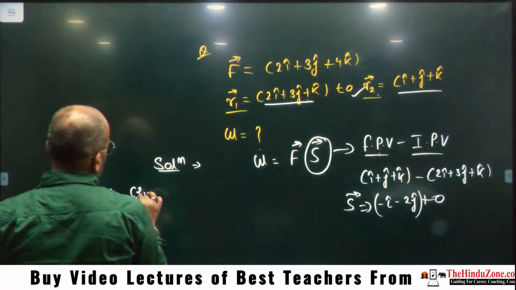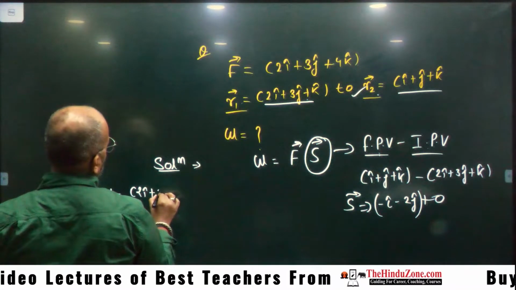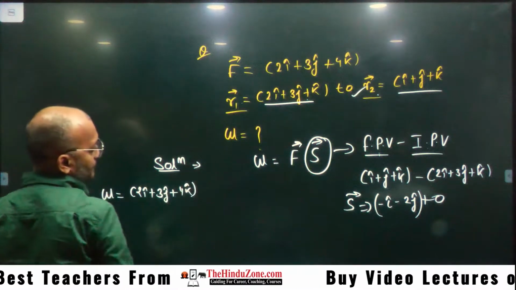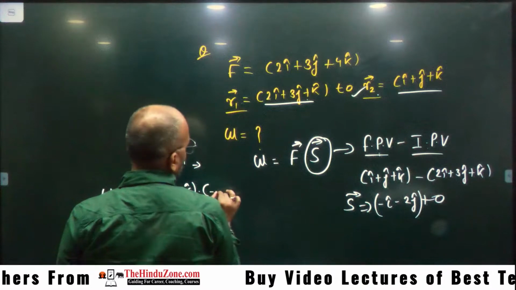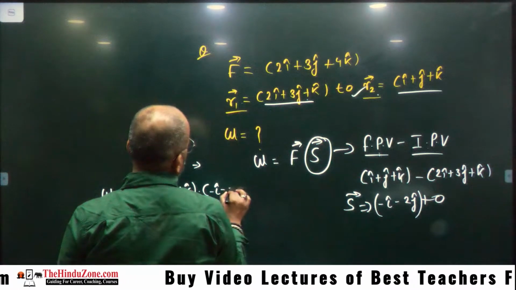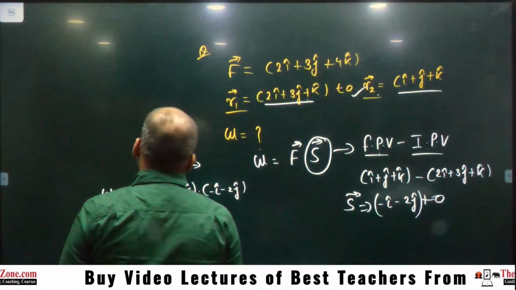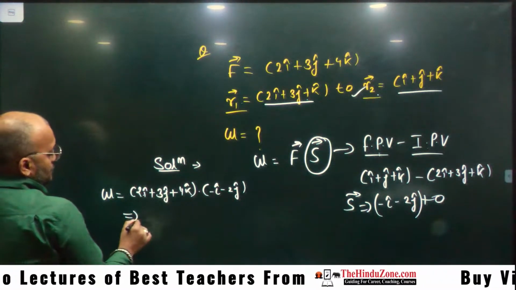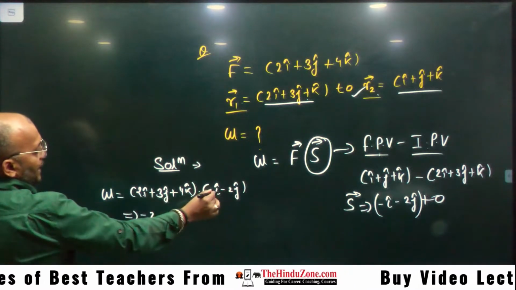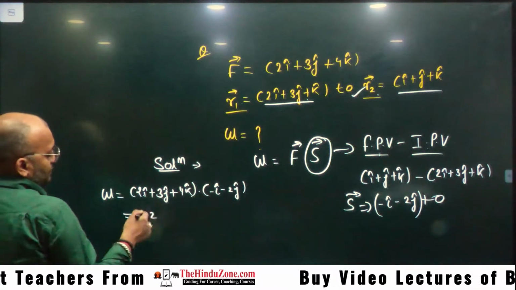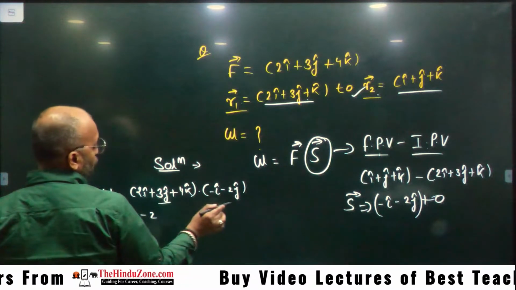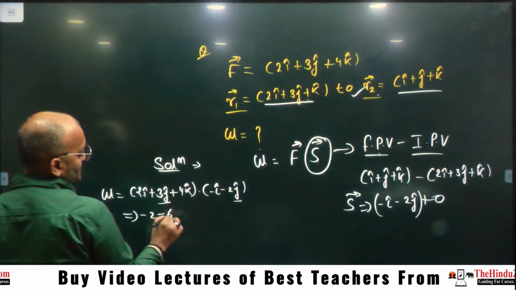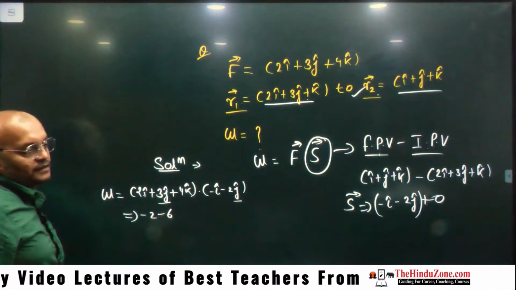So (2i plus 3j plus 4k) dot (minus i minus 2j). Again i dot i, so minus 2 you will get: i square is 1 and 2 into minus 1 is minus 2. j dot j: 3 twos are 6, so minus 6 you will get and j square is 1.